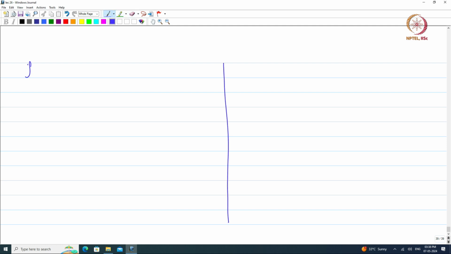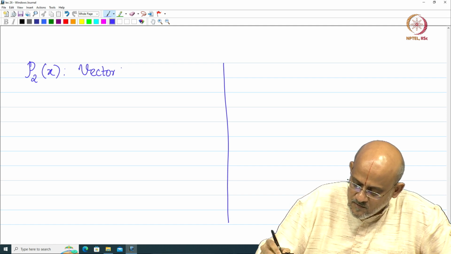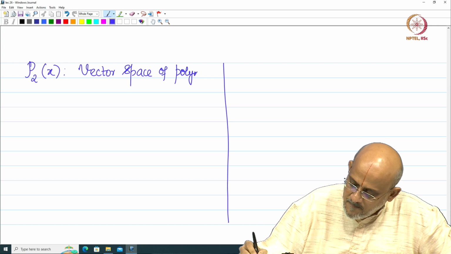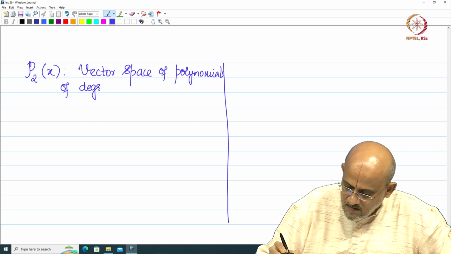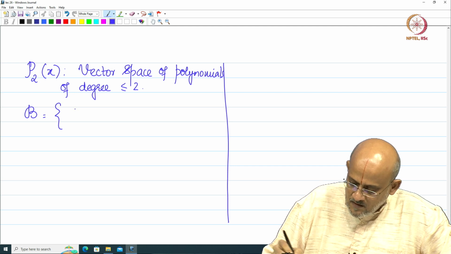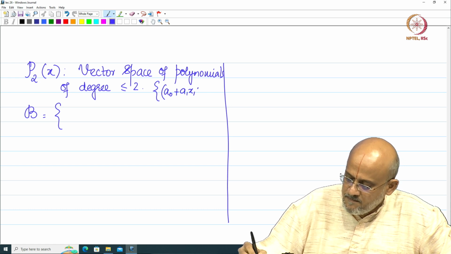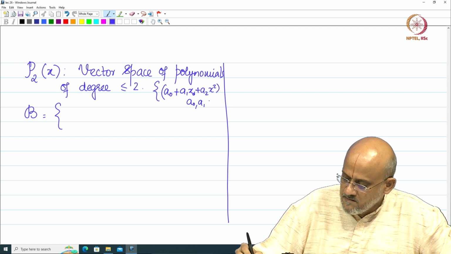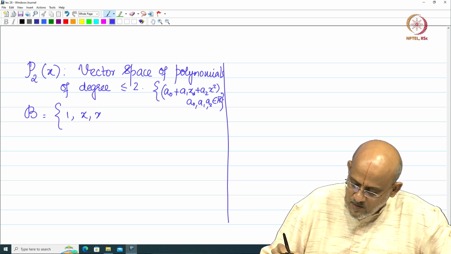We said that suppose we take P2 of x to be the vector space of polynomials of degree less than or equal to 2, then what we are going to look at is the set of all polynomials of the form a0 plus a1x plus a2x squared, with a0, a1, a2 real. So the basis is going to be 1, x, x squared.